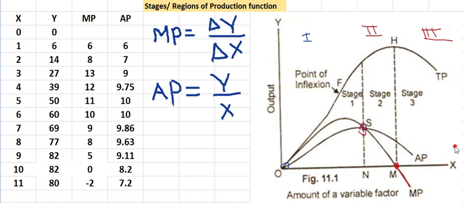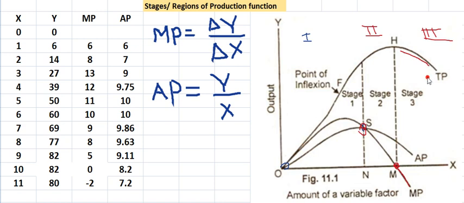Negative MPP occurs when such an excessive quantity of the variable input is used that total output begins to decrease. When marginal product becomes negative, then total product or output begins to decline.